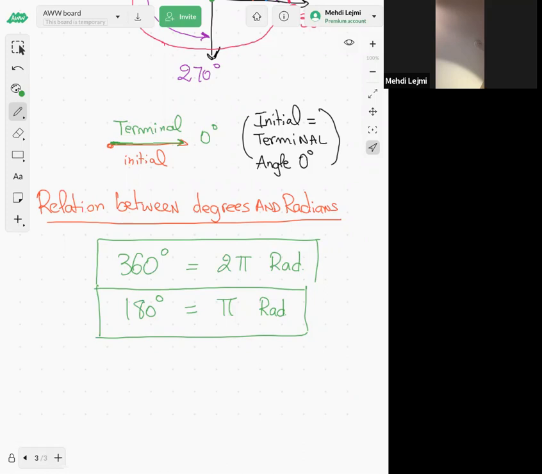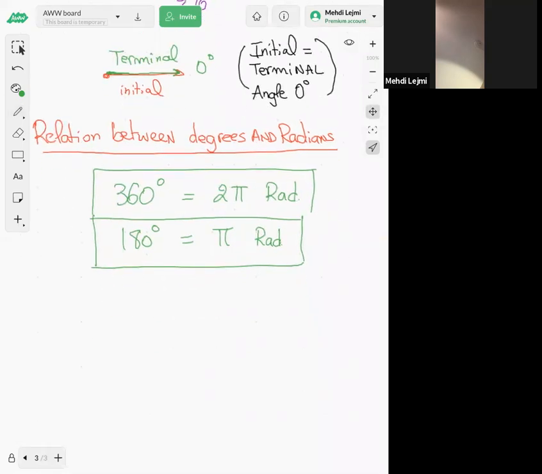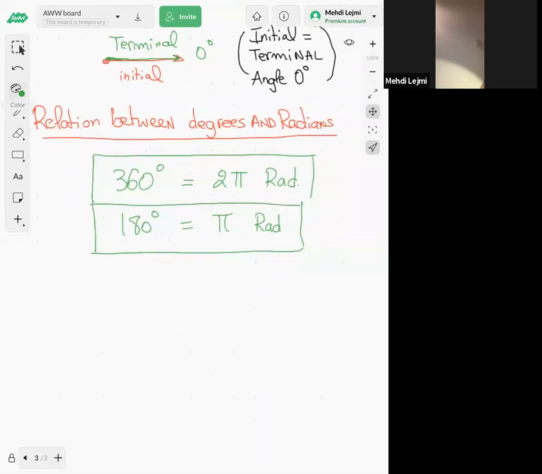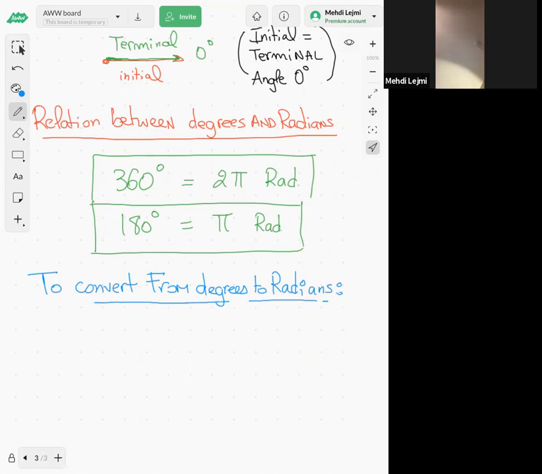Now, how do we convert degrees to radians? If you have an angle in degrees, to convert from degrees to radians, you multiply by pi over 180.